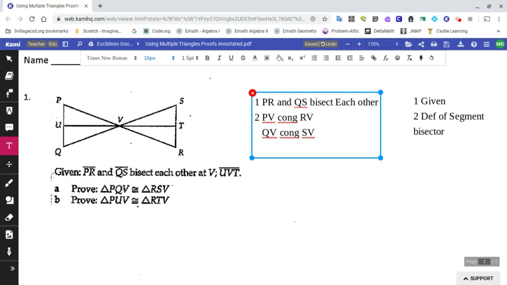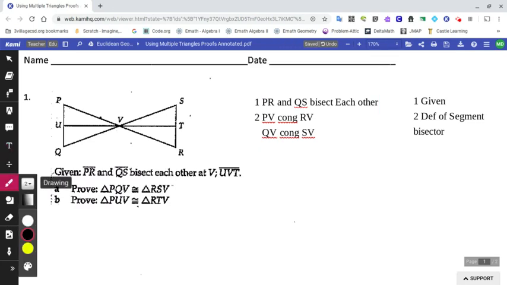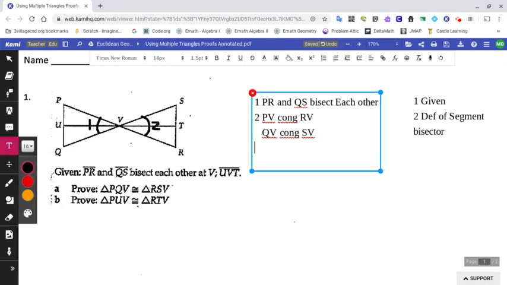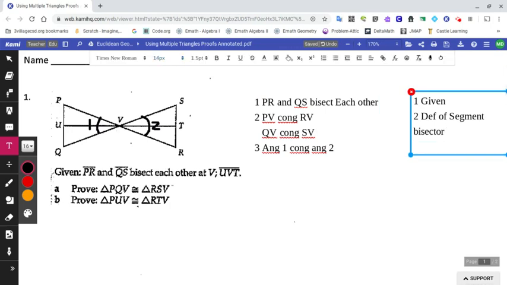Next thing I'm going to do is use the vertical angles. I'm going to call that angle 1, and this angle, angle 2. So 3, angle 1 is congruent to angle 2. Intersecting lines form congruent vertical angles.